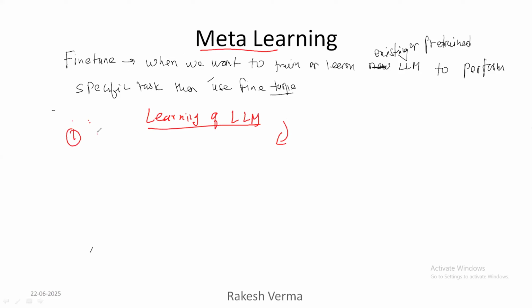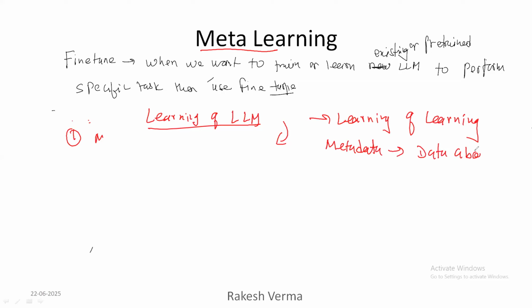First is meta, and sometimes it is also referred to as learning of a learning, like metadata. So what is metadata? Metadata is referred to as data about data. That means, given the data we have, what are the facts about the data? Suppose we have a text file or Notepad file, and some content is written in this file. The actual content written in this file is called data.